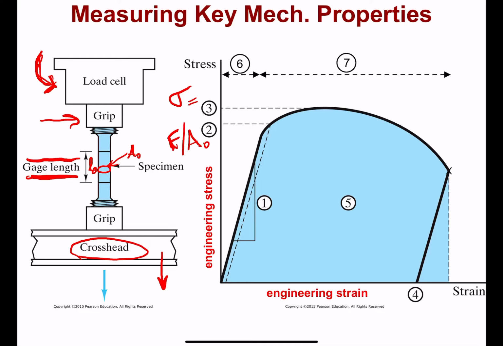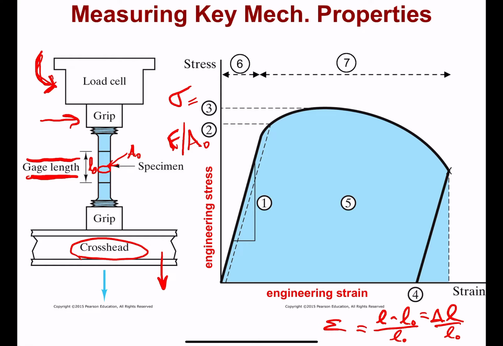That gives us L under load minus the original length, for a delta L. If we divide that through by L naught, we have epsilon, which is our strain.